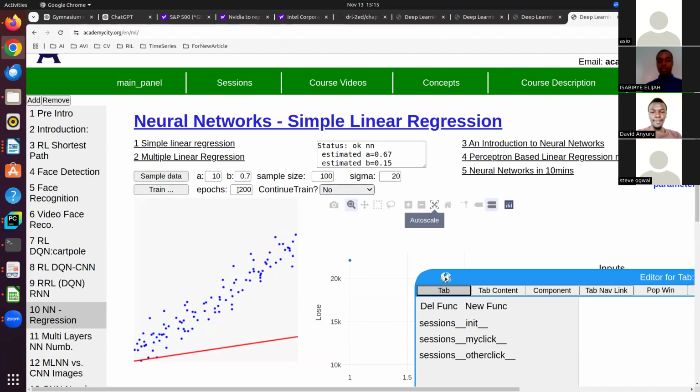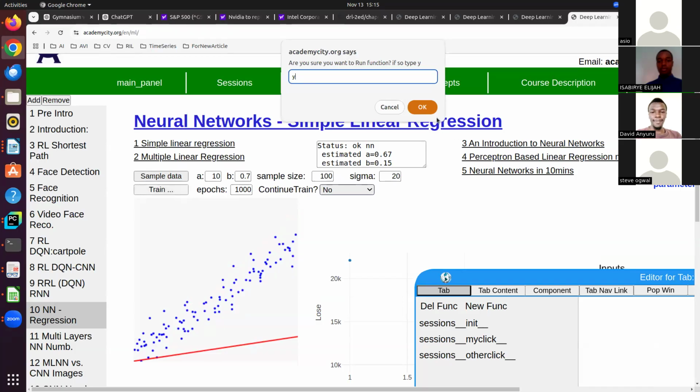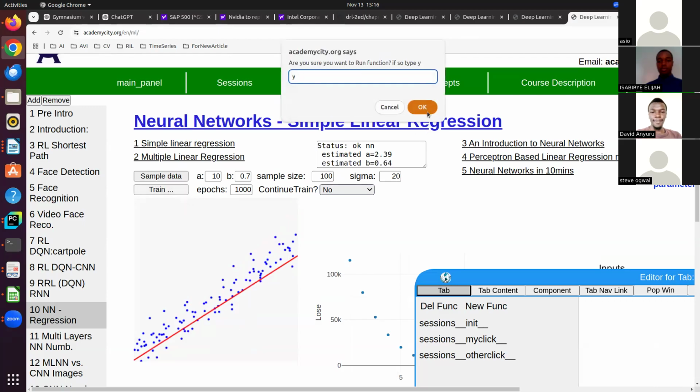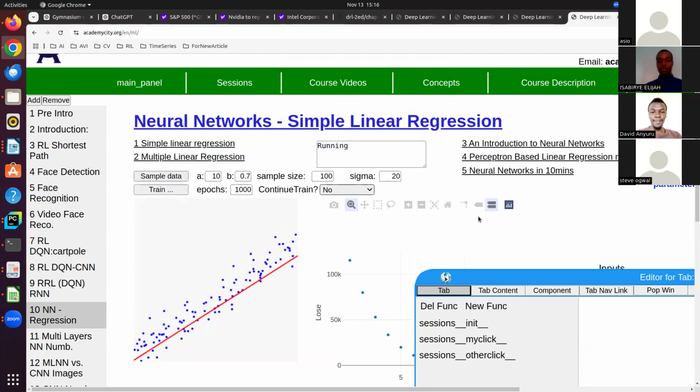But if I do 1,000, you will see it will get better. It can happen. But if you give it more time, you'll get better and better. Run it again. It will get better and better as I train it. This process I will cover more in the next sessions, today and next time and in the future, okay?